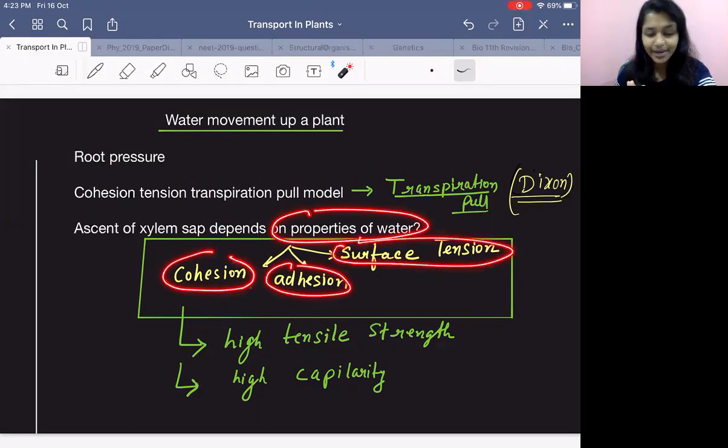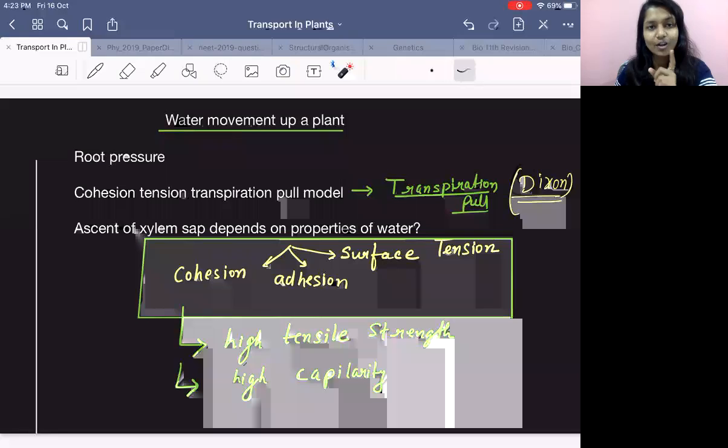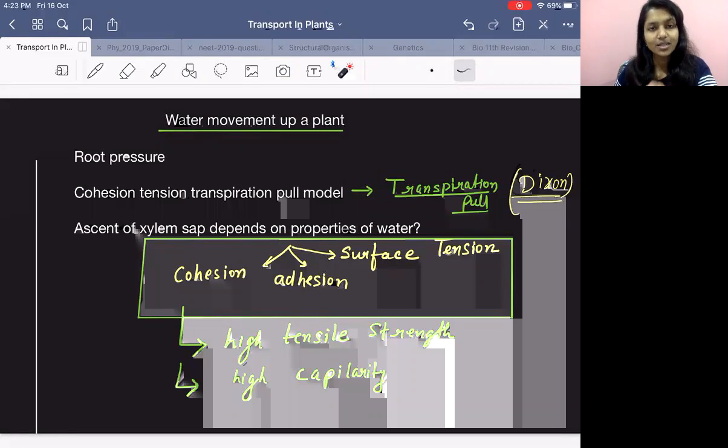Do you remember it? Cohesion is the force of attraction between same molecules. Adhesion is the force of attraction between water and what? The xylem wall. Surface tension: since water is in liquid form, water in the liquid form has more surface tension.